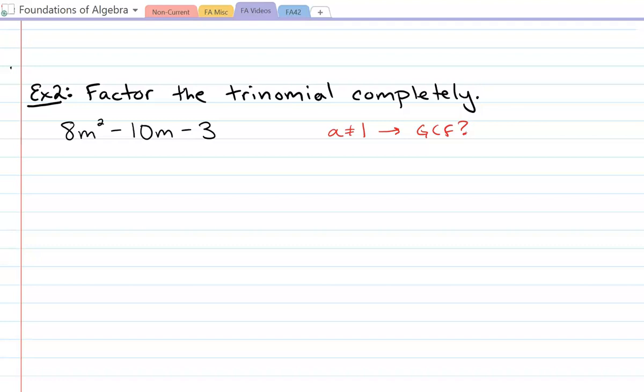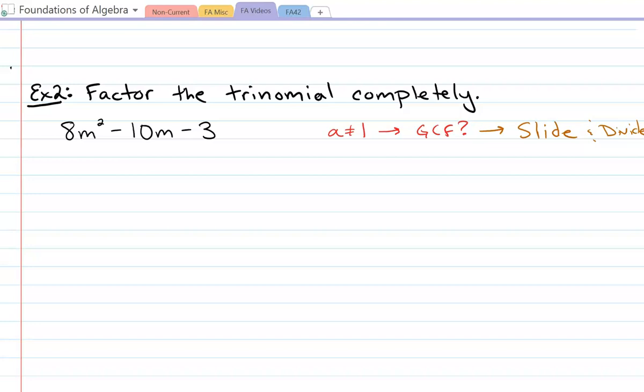Well, no, there isn't. 3 is prime and it doesn't go into 8 or 10, so there went that idea. So once we have determined that both of those are accurate, we're going to slide and divide.